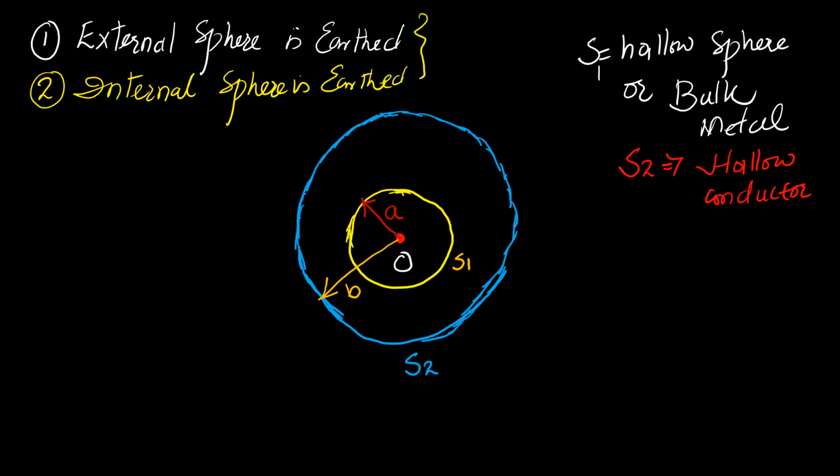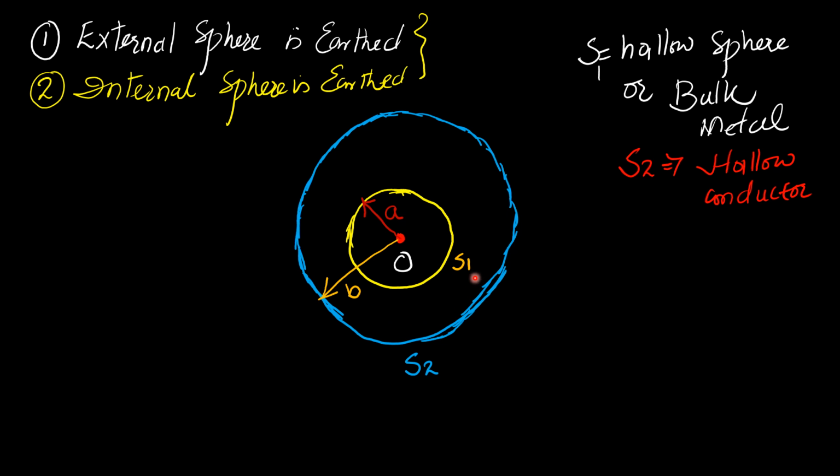Any spherical surface which is earthed in a capacitor has no charge, whereas the surface which is unearthed is charged when a potential is applied across the plates of the spherical capacitor. So in the first case, the external plate may be earthed, and when the external plate is earthed, the internal plate S1 will be charged. In the second case, if the internal plate is earthed, then S2, the external plate, is charged.